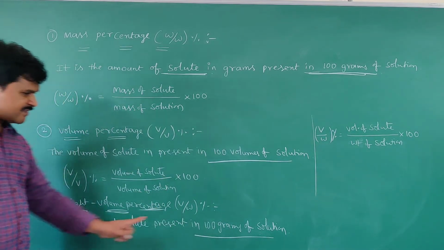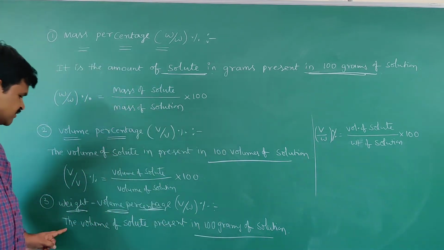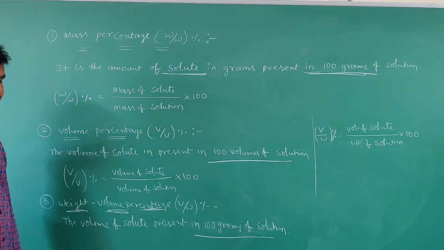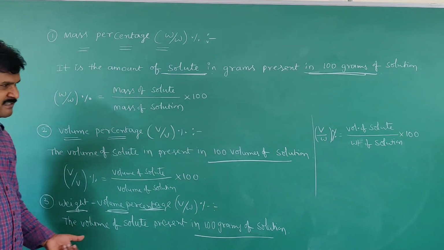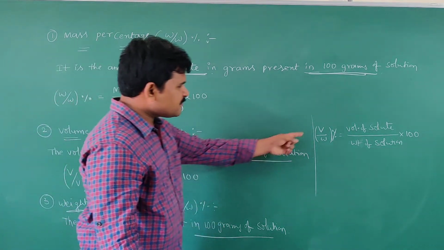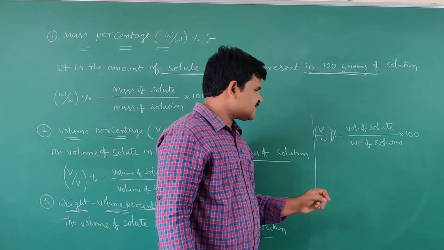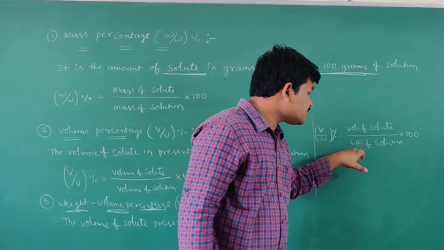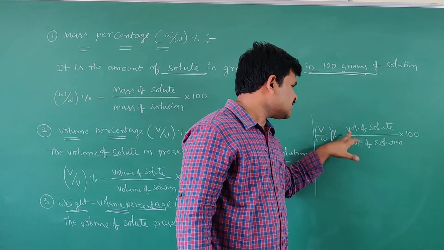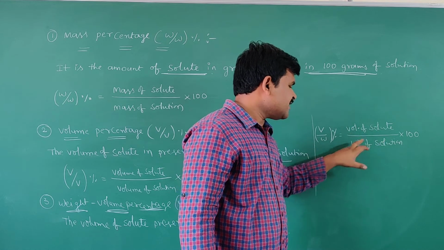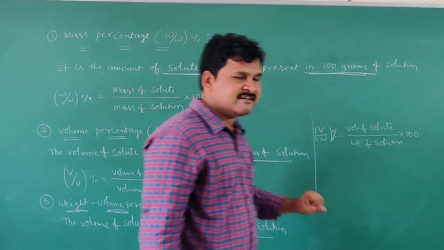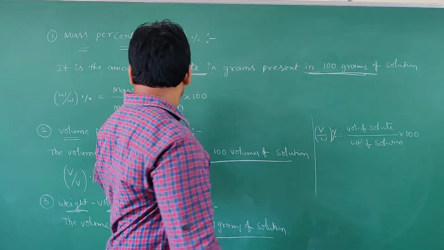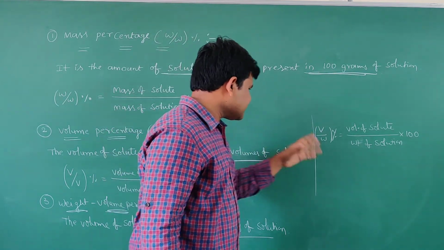Mathematically, weight volume percentage is volume of solute divided by weight of solution, not volume of solution, into 100. This is the formula for weight volume percentage.